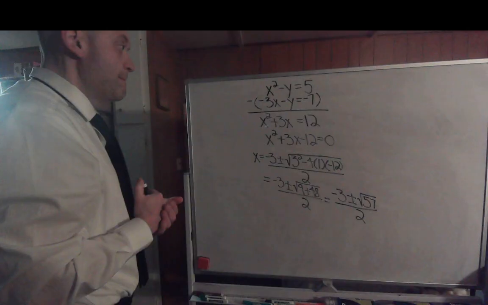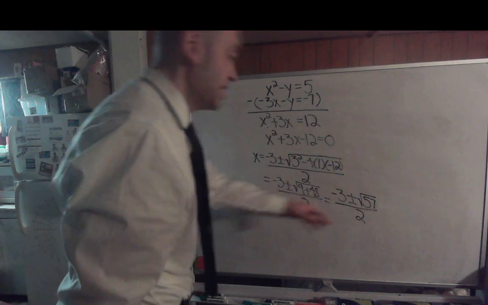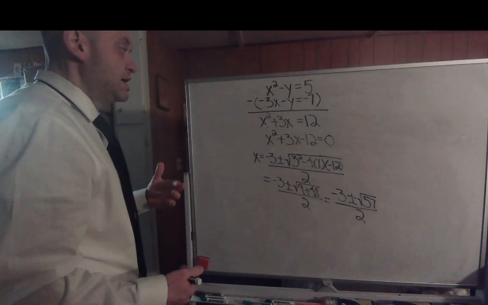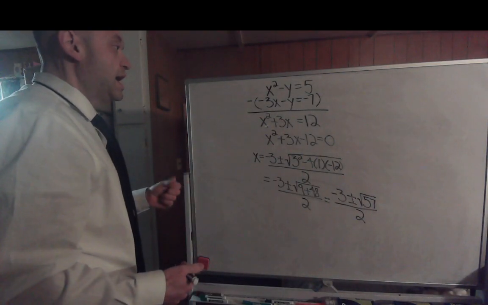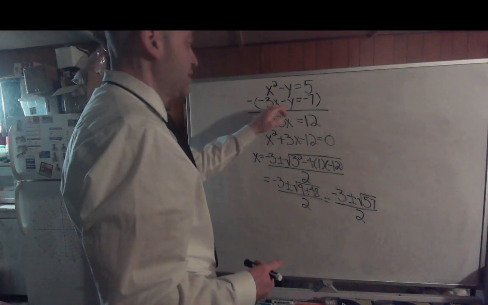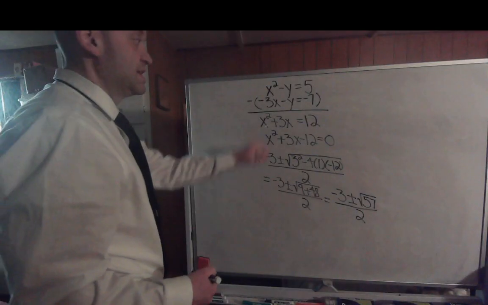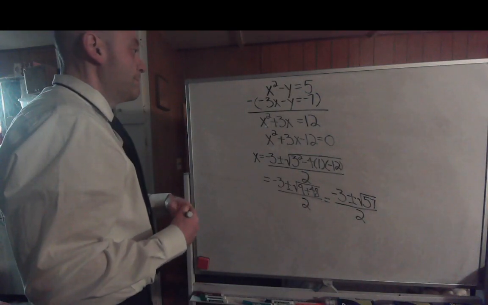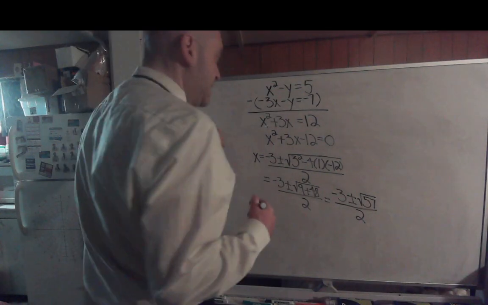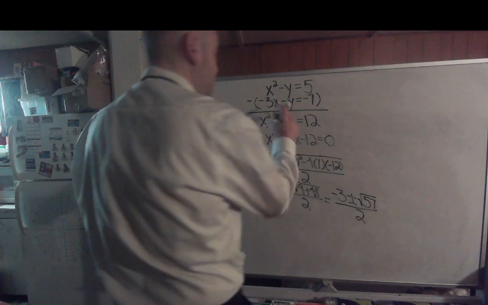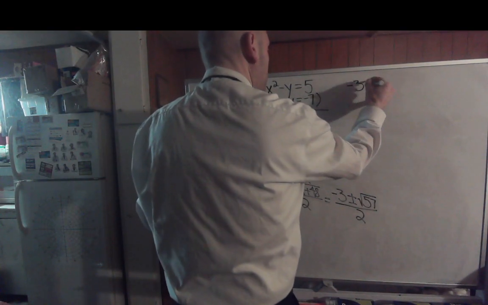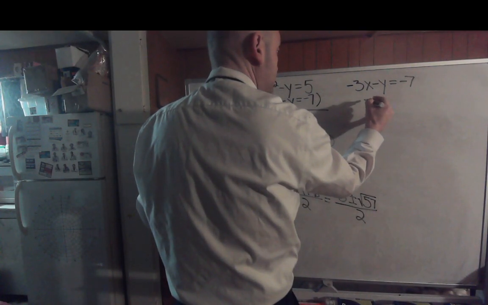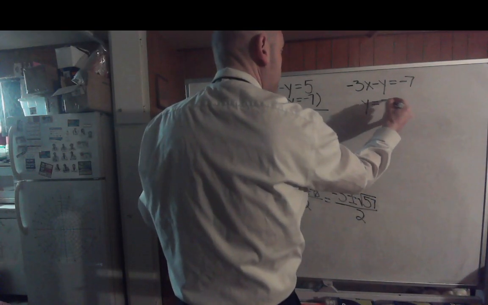But since we have two solutions for x, we're actually going to have two solutions for y. Now, I could put this into either equation. I'm definitely going to suggest putting this into the linear equation. So if I take negative 3x minus y equals negative 7, well, that would give me that y equals 3x.